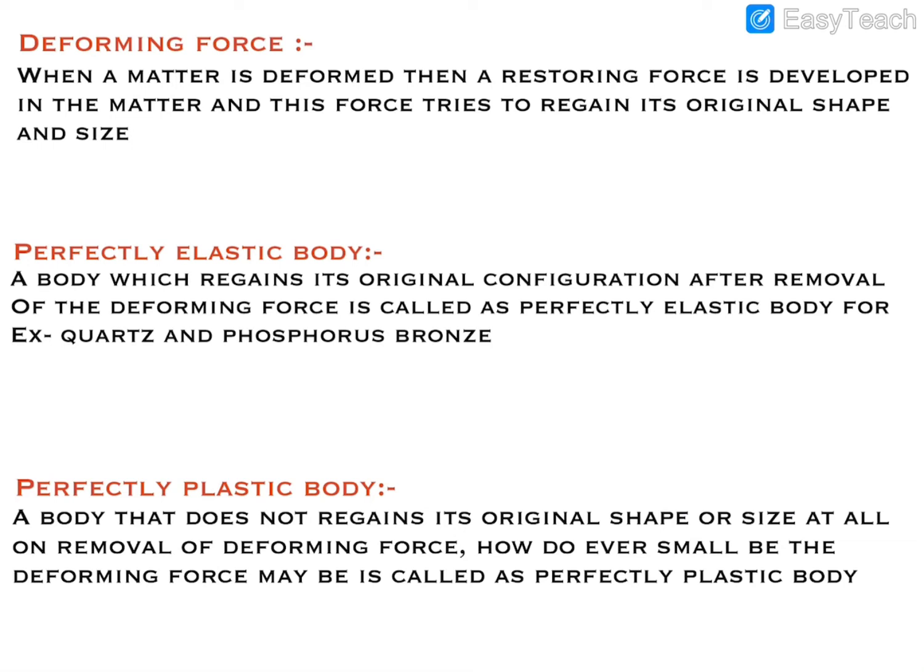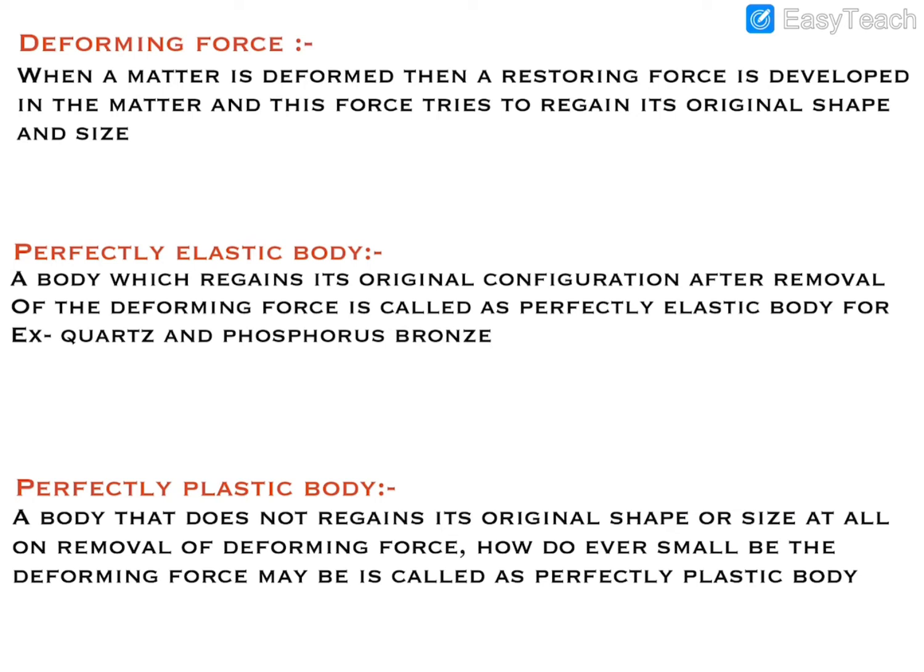A perfectly elastic body is a body which regains its original shape and size 100% after removal of the deforming force. For example, quartz and the phosphorus bronze wire used in making the moving coil galvanometer are perfectly elastic bodies.